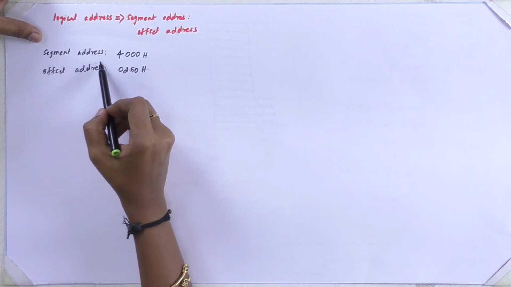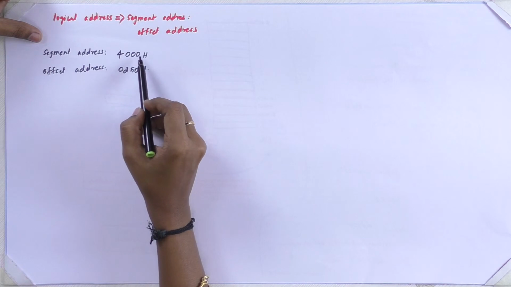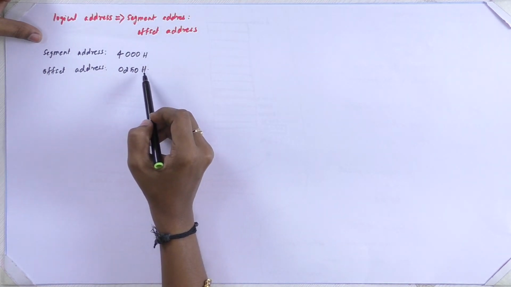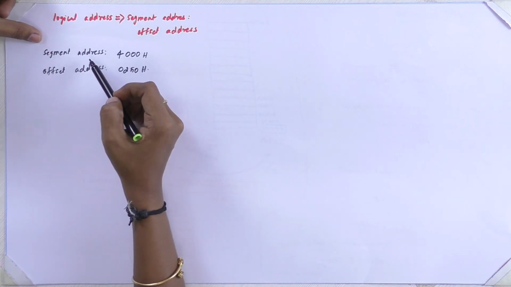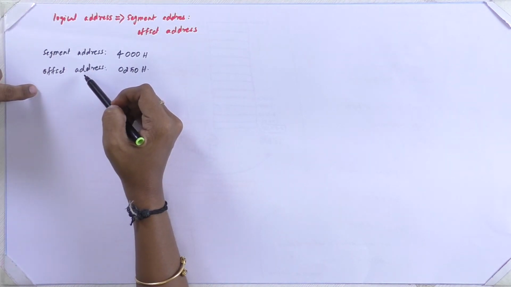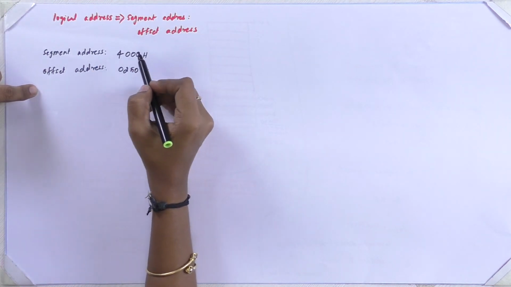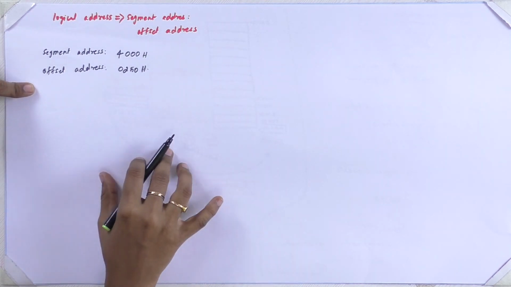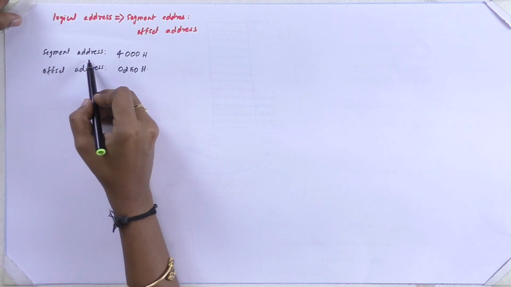Now, let us discuss an example for the conversion of logical address into physical address. Suppose the given segment address is 4000H and the offset address is 0250H. It will be converted into a physical address by adding 4 bits to the right of the segment address.